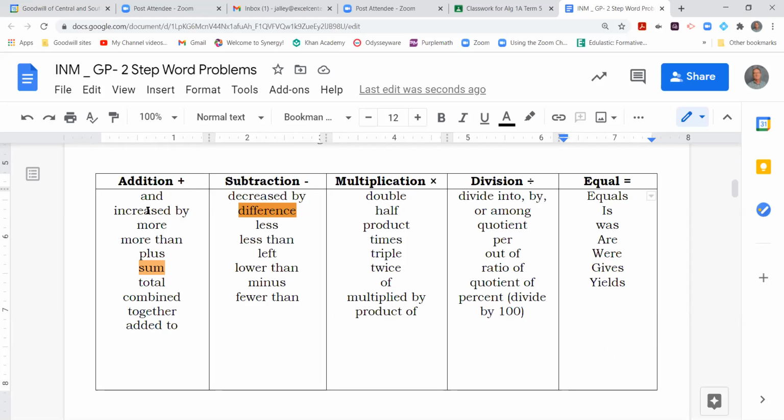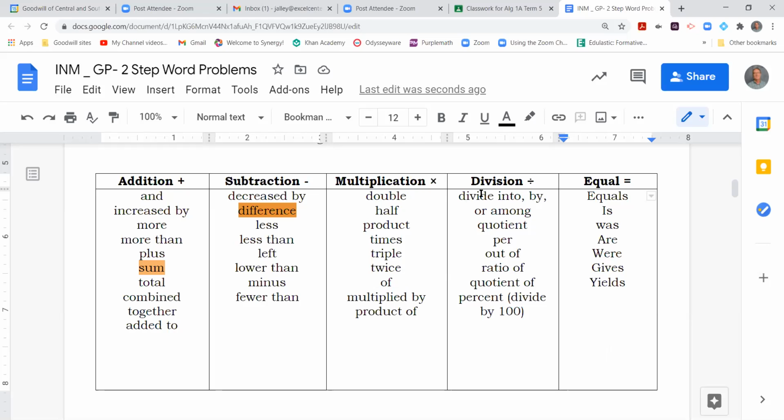Decrease by is the opposite of increase by. More than is the opposite of less than. That makes sense when you think about addition and subtraction being opposites. They're inverse operations; one undoes the other. Lower than, minus, fewer than, those are all different phrases or words you might see in a subtraction problem.